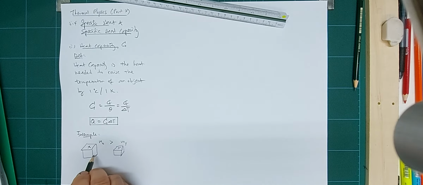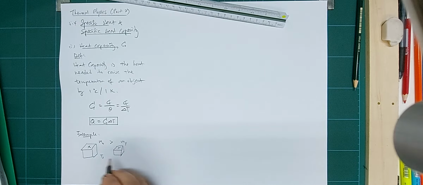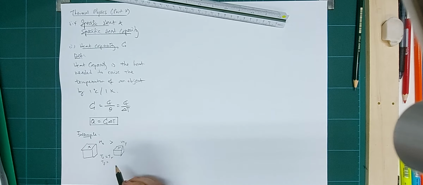Now let's assume you want to increase the temperature. Both of them start with the initial temperature TI, room temperature. Now you want to increase both of them to a final temperature TF, which is much larger than TI.